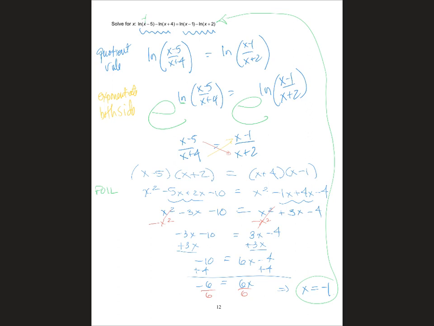So I recall again that the input to a logarithmic parent function, the argument, cannot be negative. So I know that this is an extraneous solution. So as a result, there is no solution to this equation. I cannot have an input that is negative. So as soon as you get a negative input to a parent logarithmic function, it is undefined. And you're done.